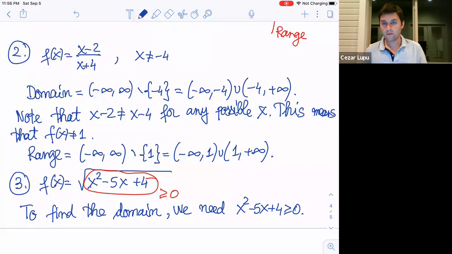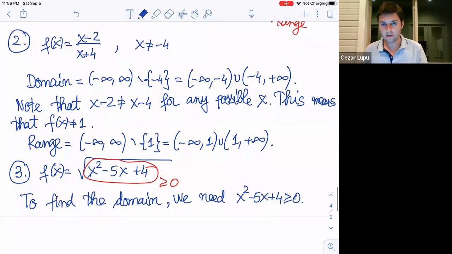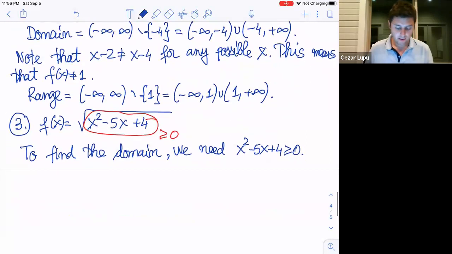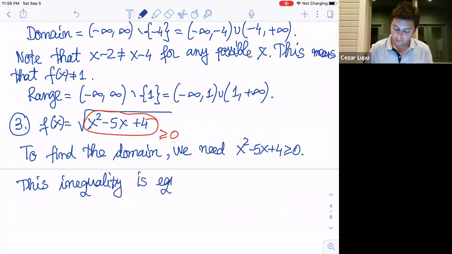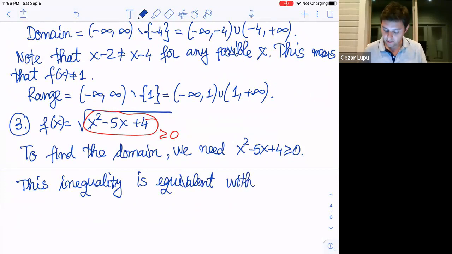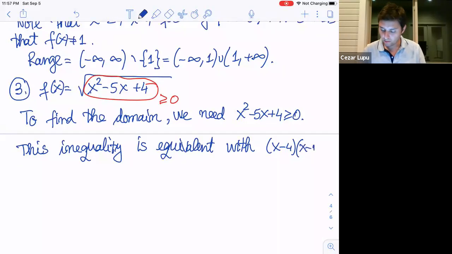Well, let's explore this inequality a little bit more. So this is equivalent with, and now let's factor this. We can factor this as x minus 4 times x minus 1 greater or equal than 0.